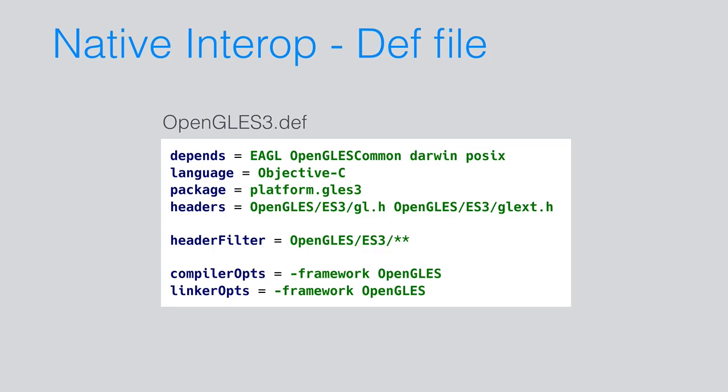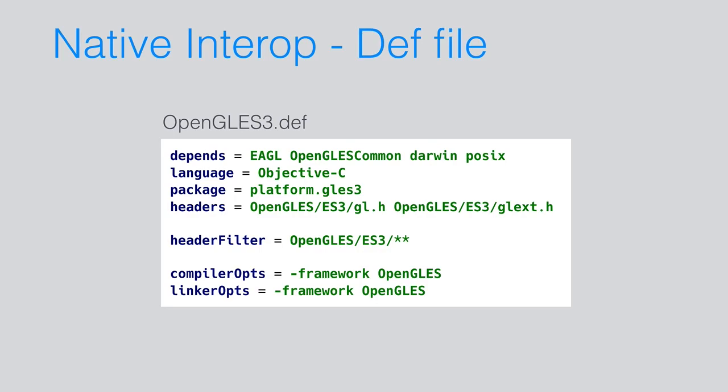But this is the def file. You just point it at some header files. You give it a filter. It'll import those headers, the gl.h and glext.h, and transient headers, and the header filter just limits that scope, so you're not going to get the whole world of the C standard libraries and all that stuff.